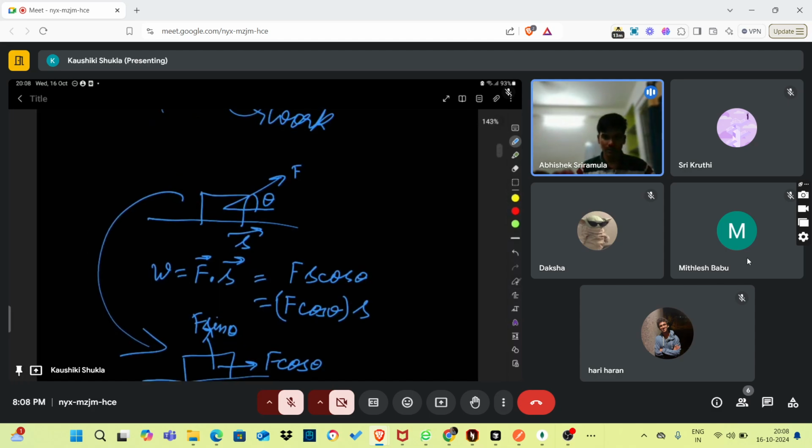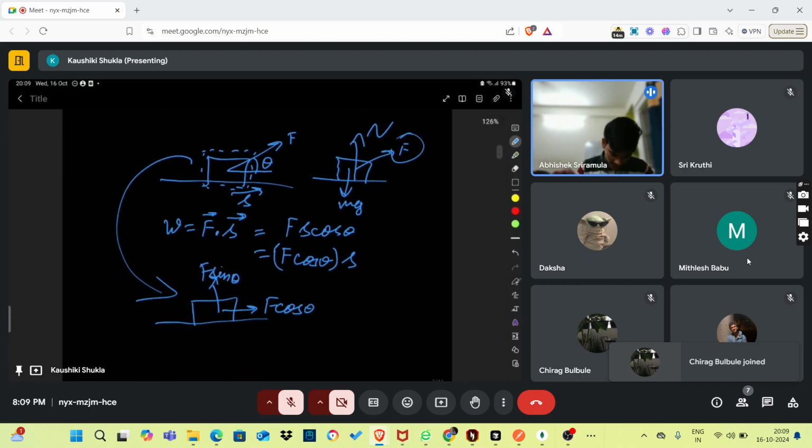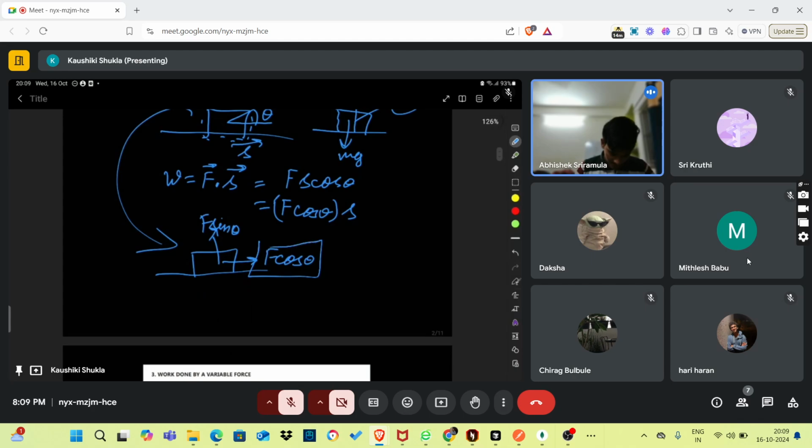Now that you've learned NLM, if you consider only this block as the system and look at its FBD, the forces acting on the block are the normal force, the gravitational force, and this external force F. I have divided F into components.